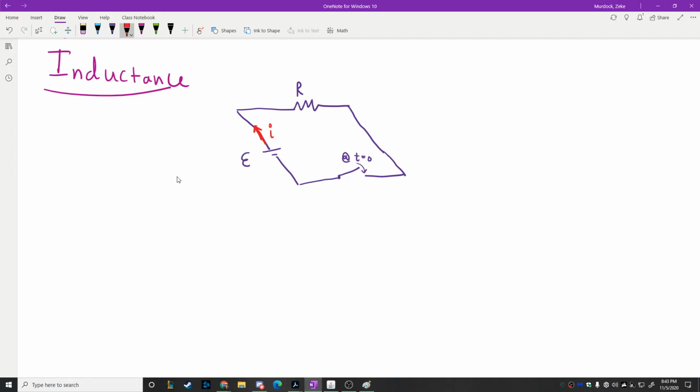Now, the fact that we've turned the current on means that the current is going to build up from 0 up to some maximum value over time, right? So the current, let's just say it doesn't instantly reach that current level I. And even if it did, the current in the wire is increasing.